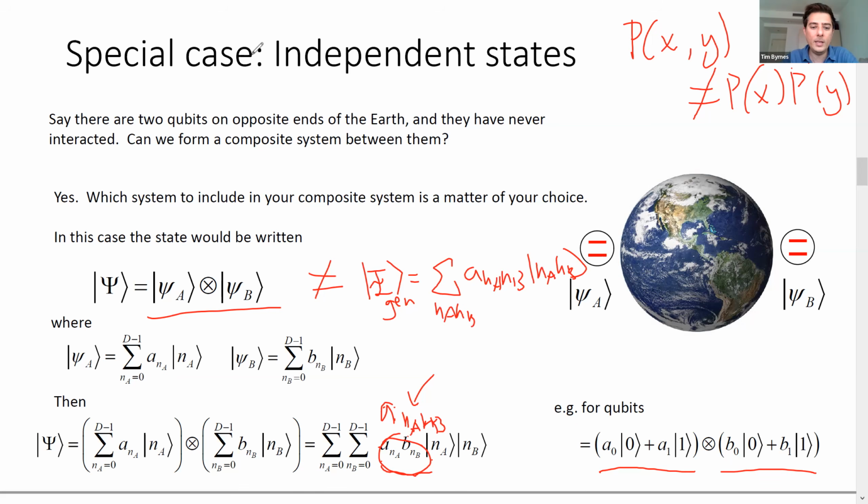So these two things are generally not the same, but of course, a general quantum state can be an example of this kind of independent state. In terms of a Venn diagram, you have independent states like this, and then the general states are the full set. Does that make sense?